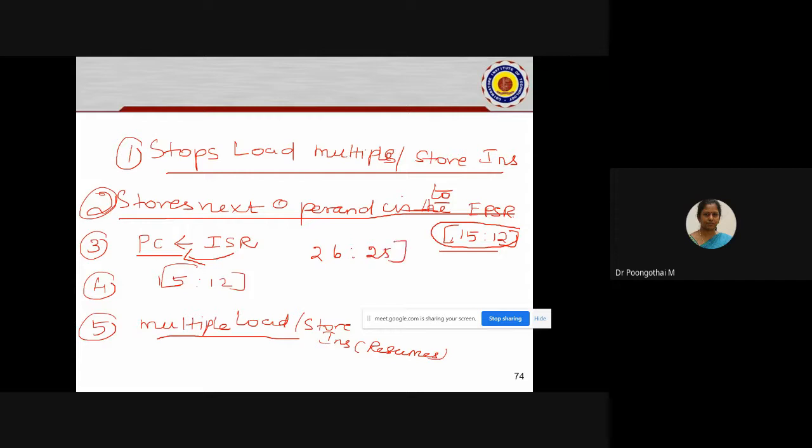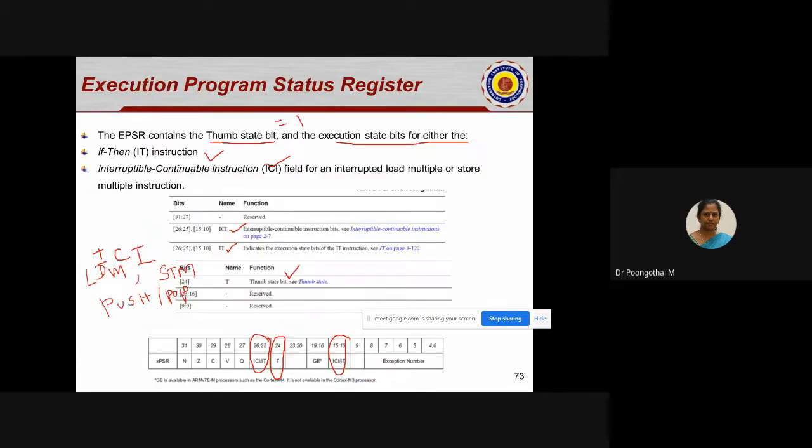Bits 25 to 26 are utilized for two purposes: one is for holding the ICI execution state, or the if-then instruction execution state.